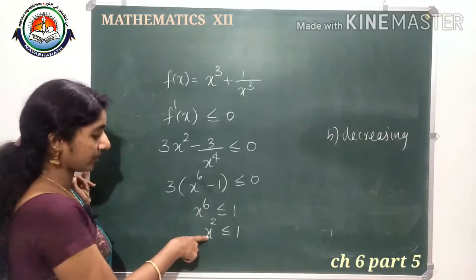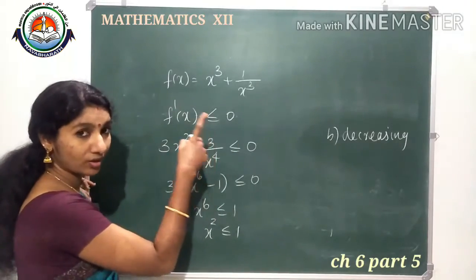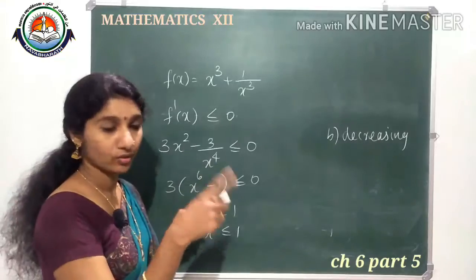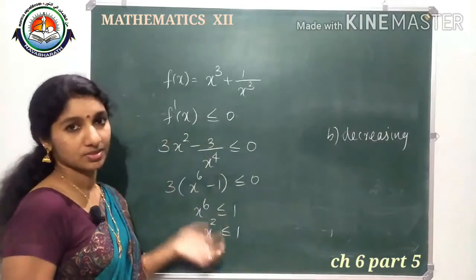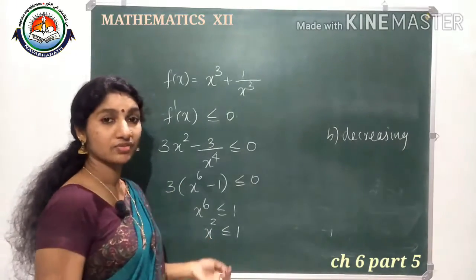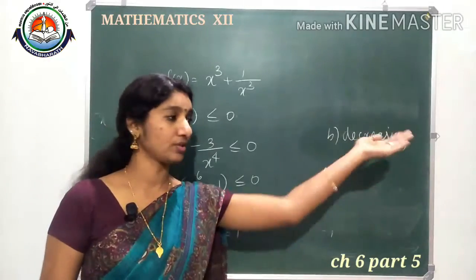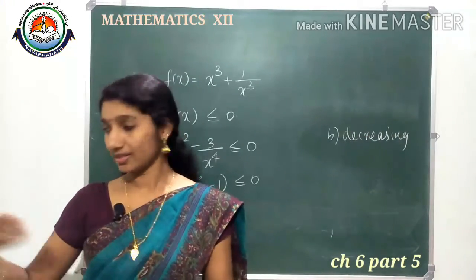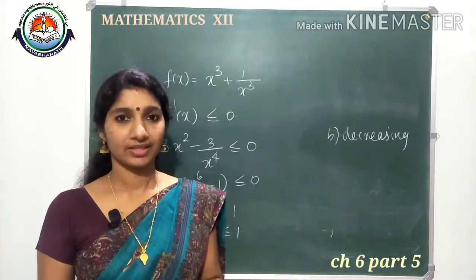Same way, up to here it is the same; only this inequality is changing. There, for the increasing case, we wrote greater than or equal to 1, and here we got x square less than or equal to 1. All other steps are the same. Okay, so x square less than or equal to 1 means which interval? X square greater than or equal to 1 was 1 to infinity and, on the negative side, minus 1 onwards up to minus infinity, isn't it?